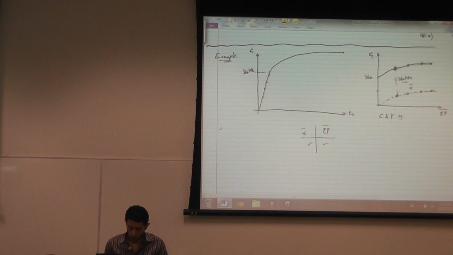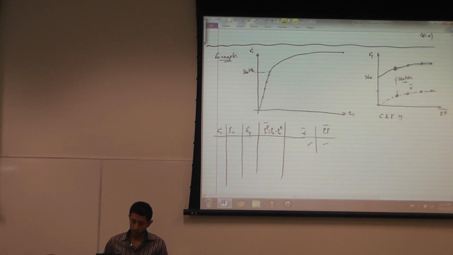Basically I have sigma 11 versus epsilon 11, then sigma yield versus epsilon p, which is equal to epsilon 11 minus epsilon 11 elastic, and then alpha is equal to sigma yield minus 360.